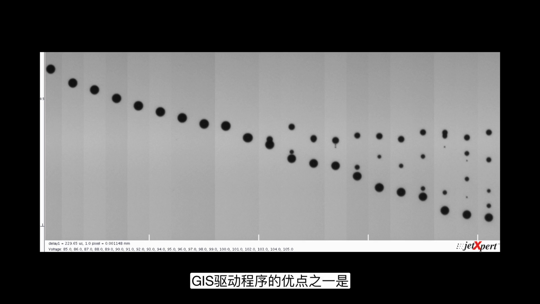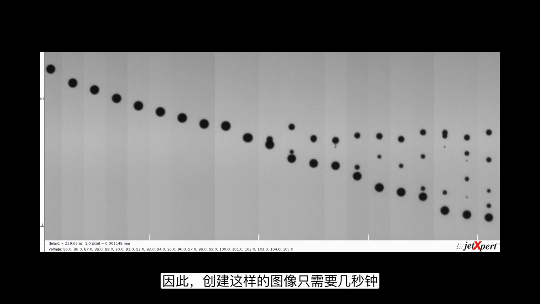One thing that's nice about the GIS drivers is that they allow you to send commands to the drive electronics through software to change parameters of the waveform. So for example, we can create a list of voltages that we want to test and automatically send them to the GIS drive electronics, and it's going to change the waveform automatically.